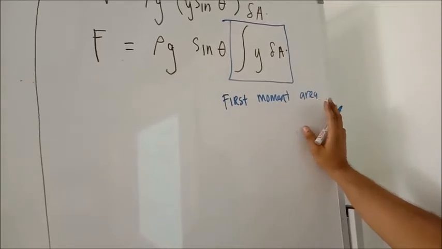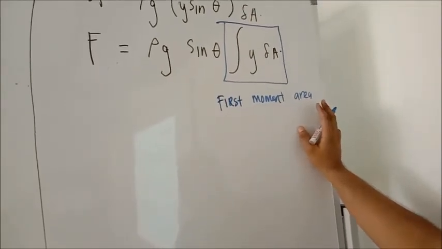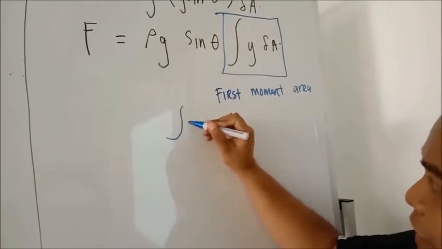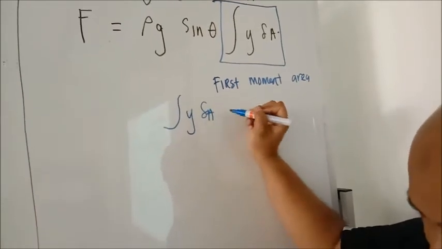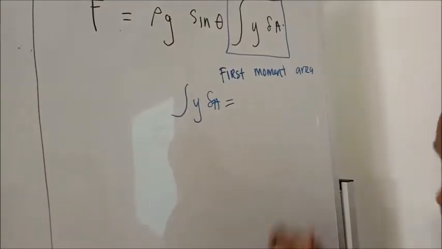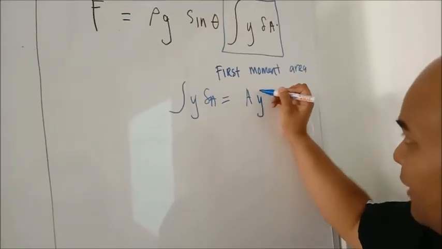First moment of area. Okay, yang mana first moment of area adalah y delta A sama dengan A y bar.